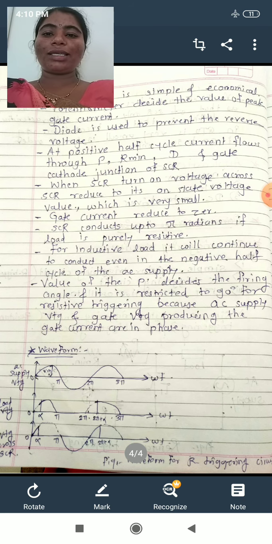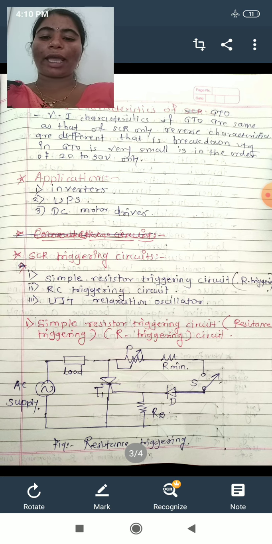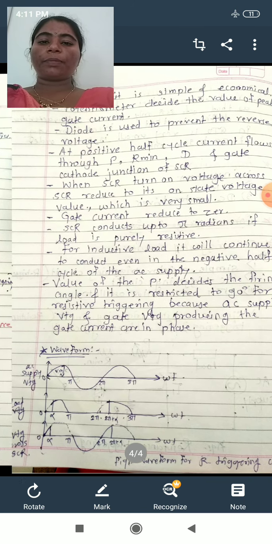Potentiometer is there, resistance is there. See in the diagram: potentiometer, load, it may be resistive or it may be inductive, then resistance, then diode, switch, and thyristor. Thyristor type used in this circuit diagram is the SCR, because we learned the triggering circuit for SCR.